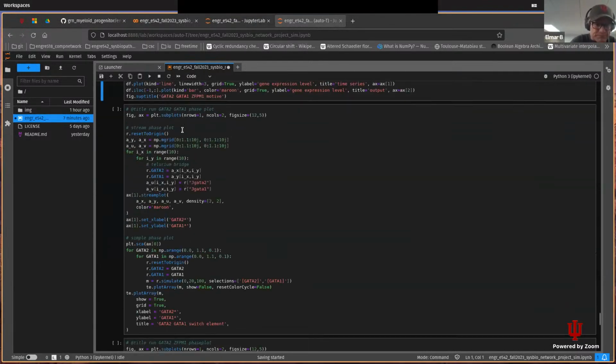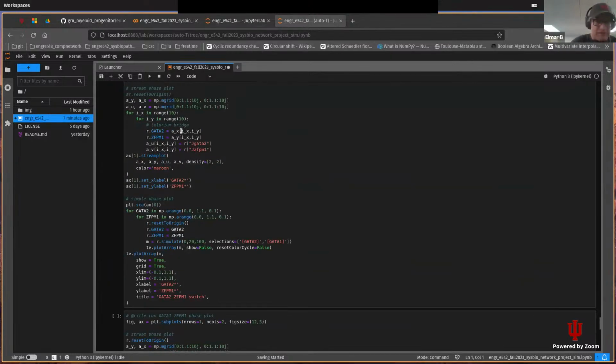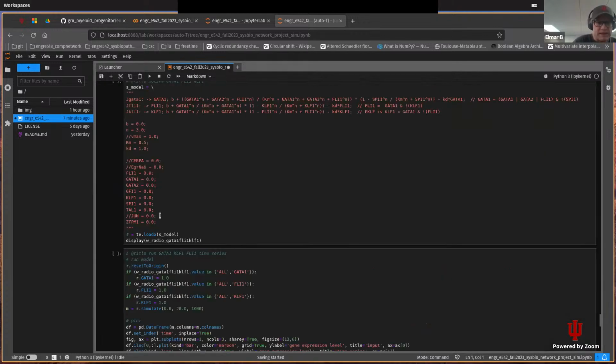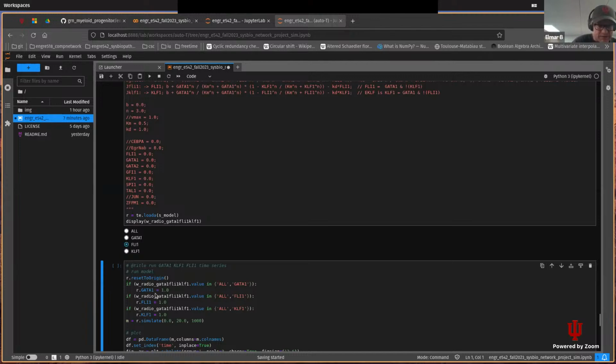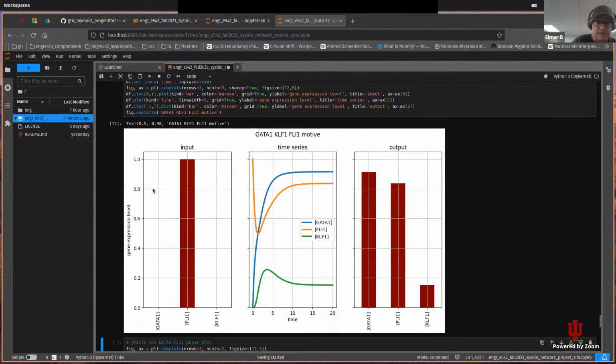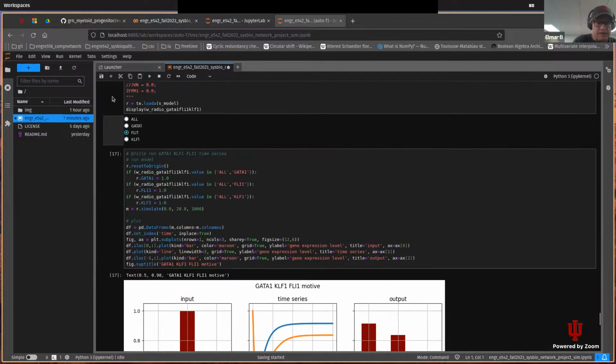Anyhow, I studied each of these states. Let me quickly see if this one runs. Yes. So for example, again, here you have the input, you have the time series. This is what you get, what the output is.